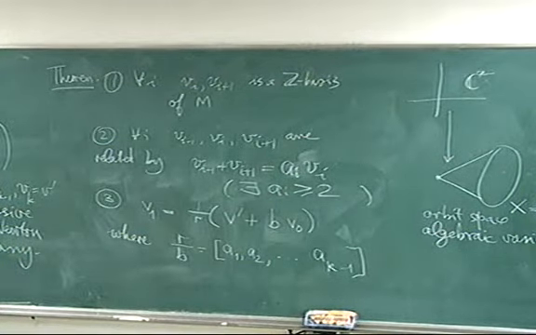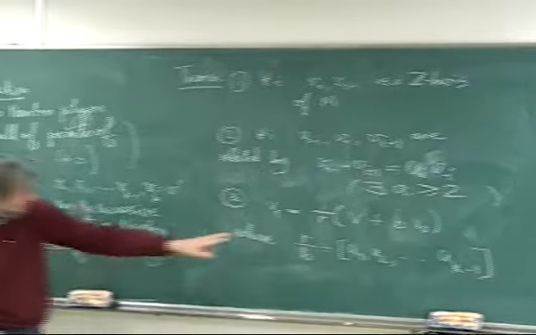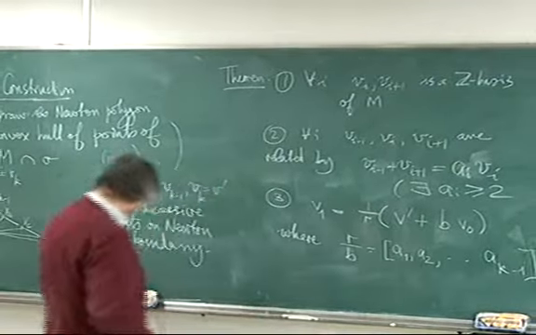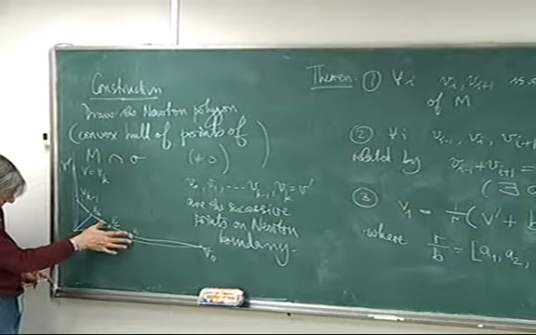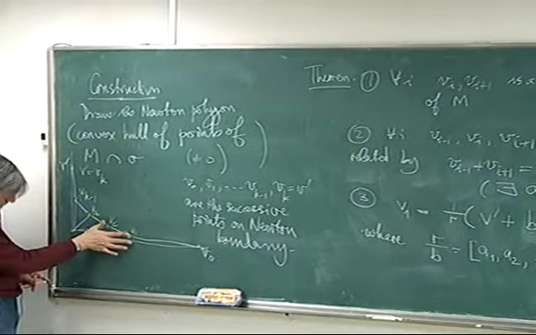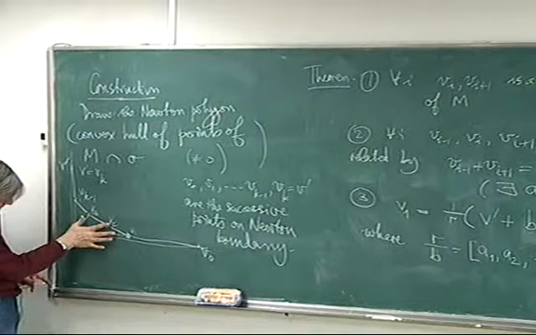In other words, draw this picture. Imagine these guys here are vectors coming out of the origin. Then there is a little rule for how to form vi plus 1, knowing vi and vi minus 1. If you know this coefficient ai, then you know how to jump from this basis of this cone to this basis of this little subcone.